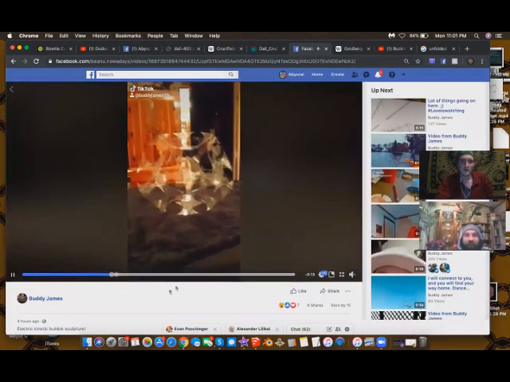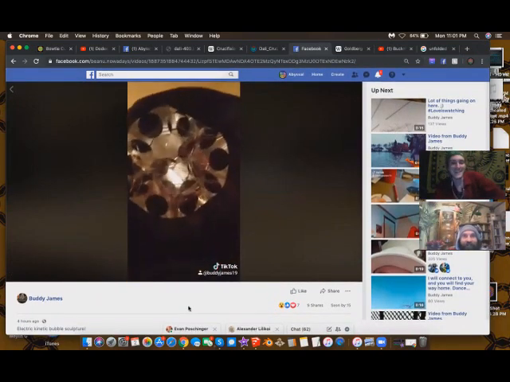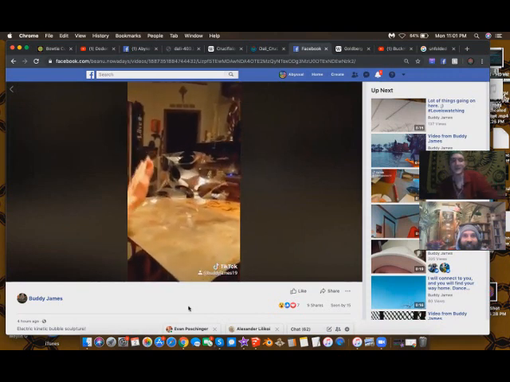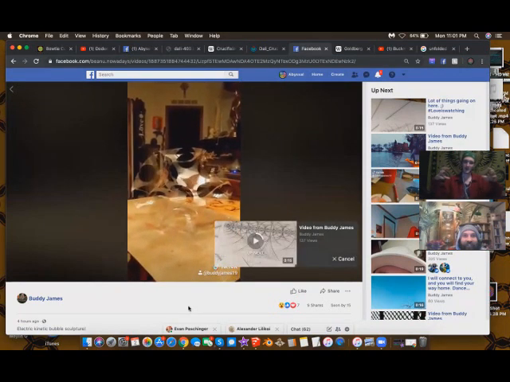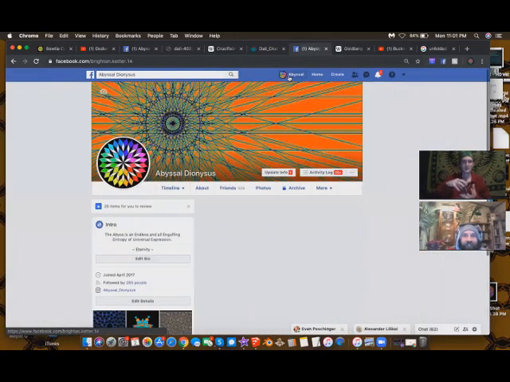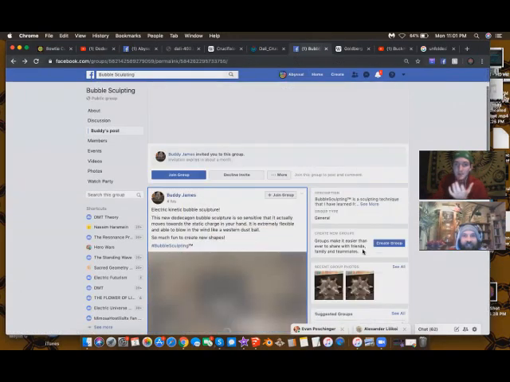What do you think of these kinetic sculptures that I'm making? That is tensegrity. Anything that's going through it is bouncing, and oh my, I went to the wrong page. I'm sorry.